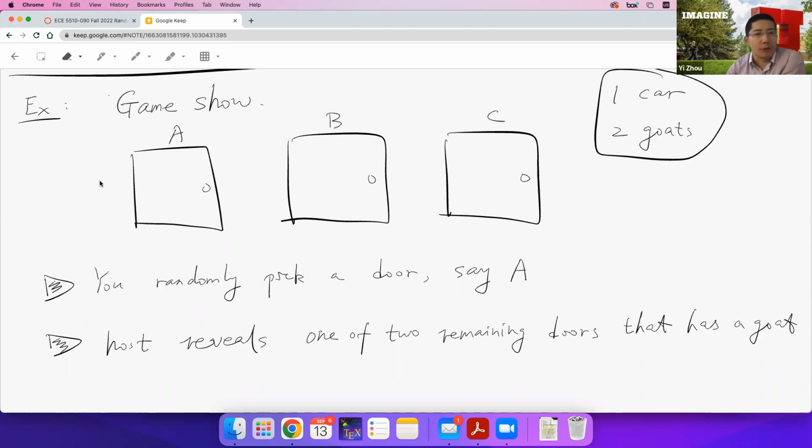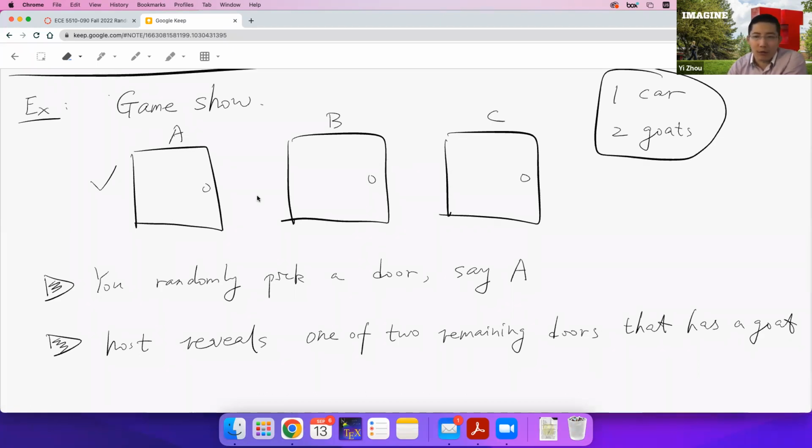Okay. So you first pick door A, and for the rest of the two doors, the host knows everything behind the doors. So he will look at the rest of the two doors and reveal one of them that has a goat behind it.